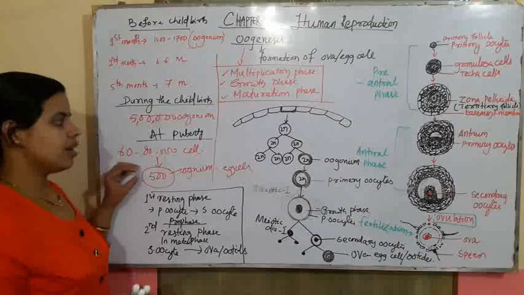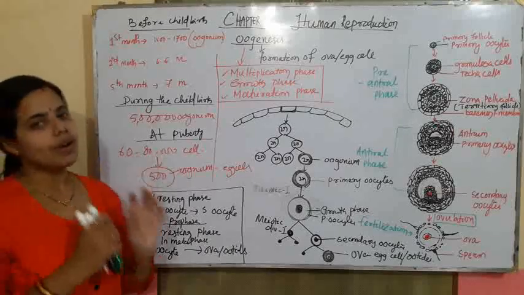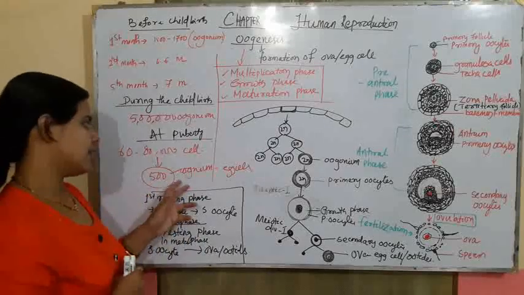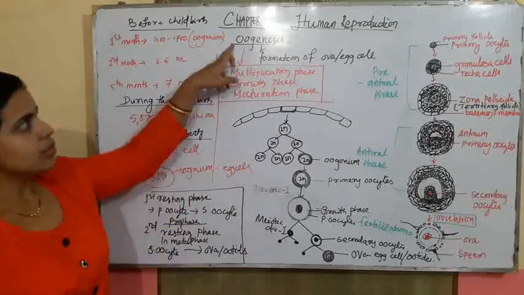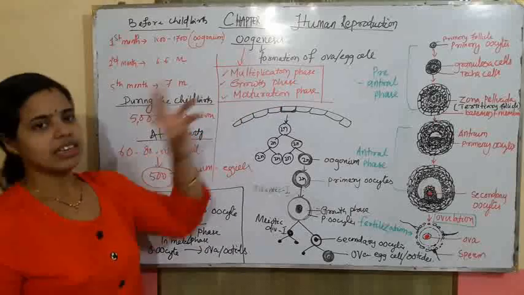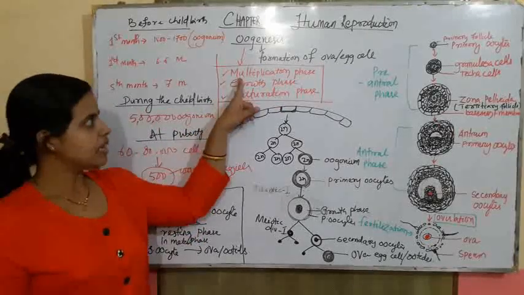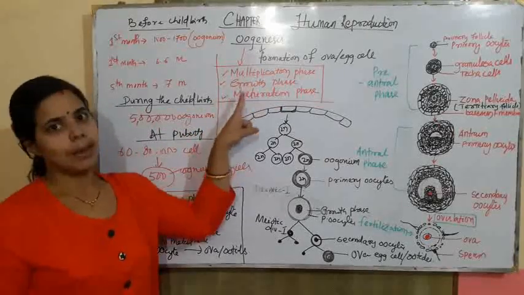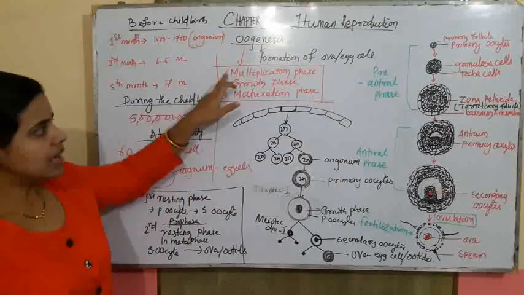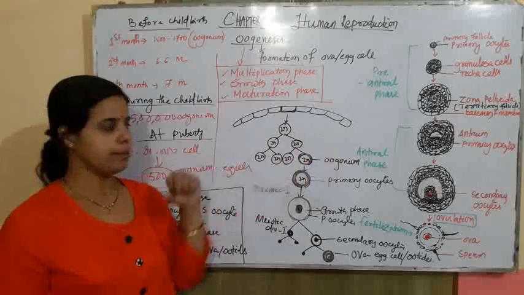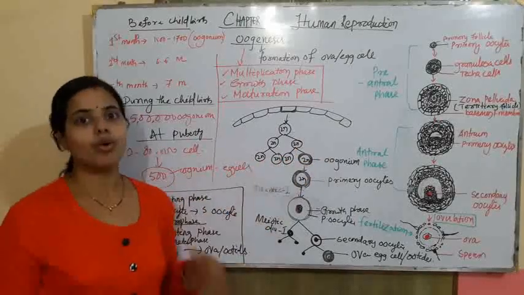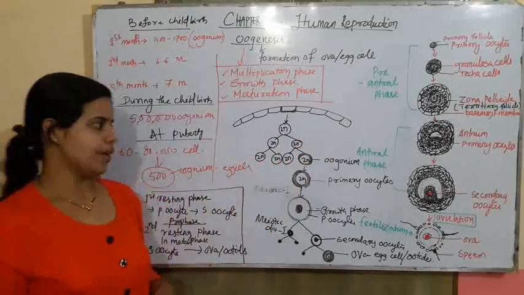After this also, only very few cells undergo formation of egg cell. This oogenesis process takes place in 3 steps: multiplication phase, growth phase, maturation phase. Multiplication phase means they multiply in number so that more and more oogoniums are produced.